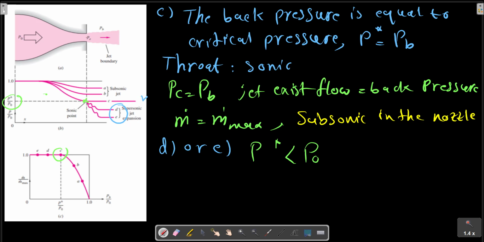The nozzle cannot respond further because it is choked at the maximum throat mass flow.